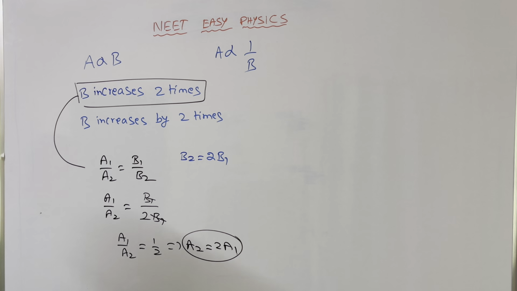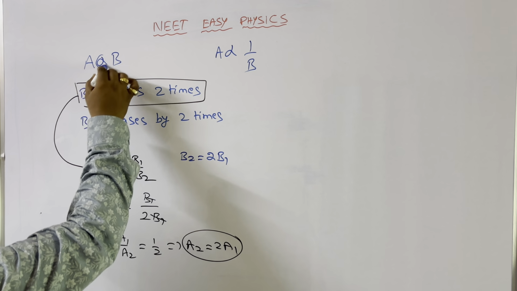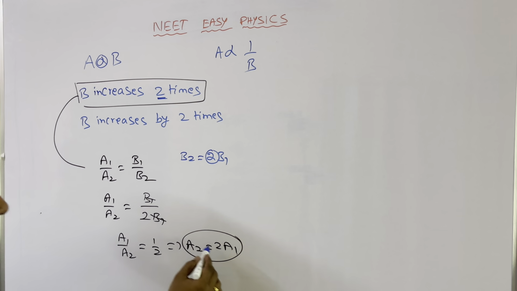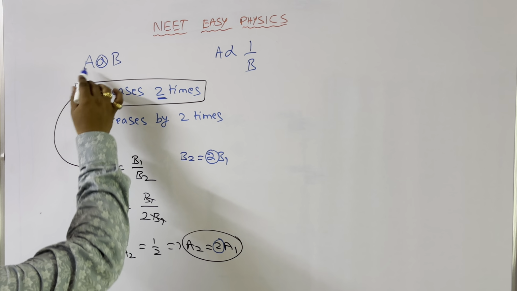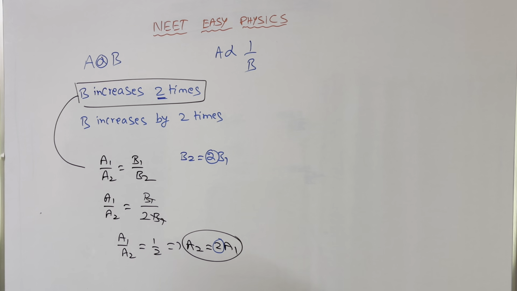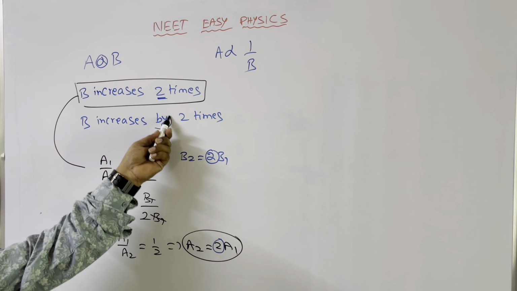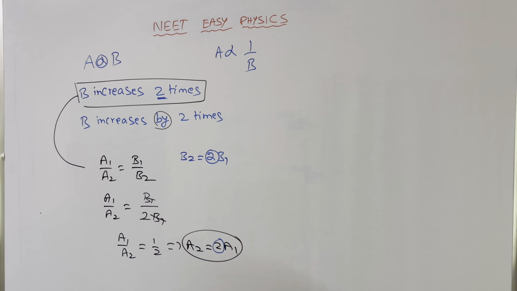Whenever it is directly proportional, if B increases 2 times, A also increases 2 times. Therefore, the answer will be A increases 2 times. Now what happens when B increases by 2 times? What is the difference between increases 2 times and increases by 2 times?